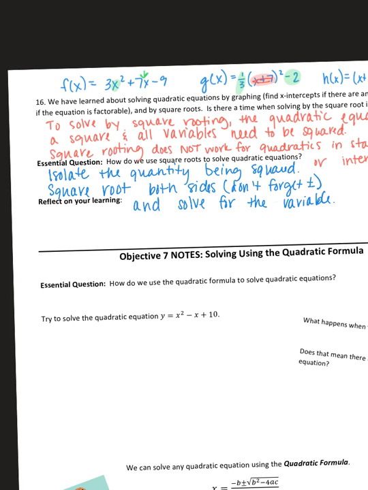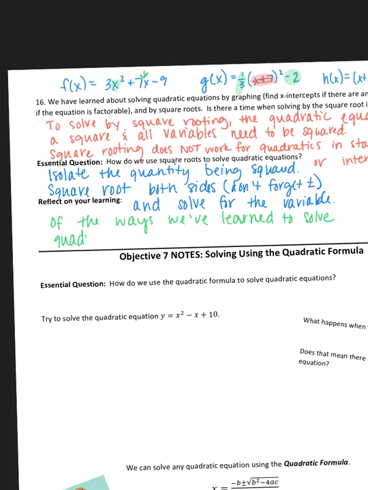Okay, so today's reflection question is, of the ways we've learned to solve quadratics, which method is your favorite?